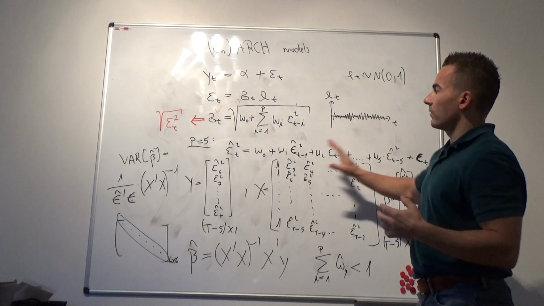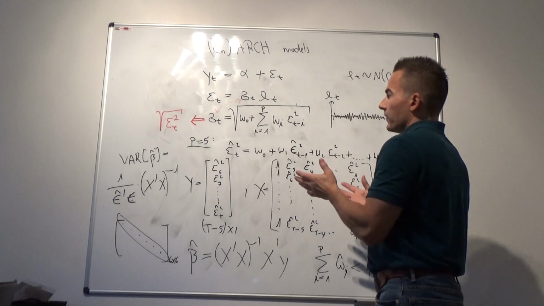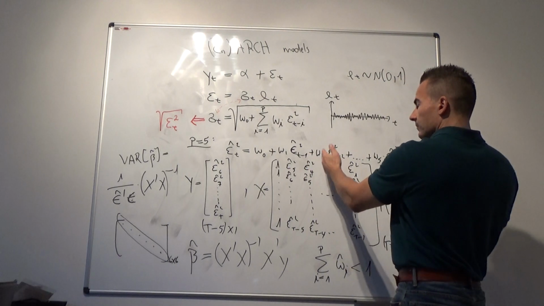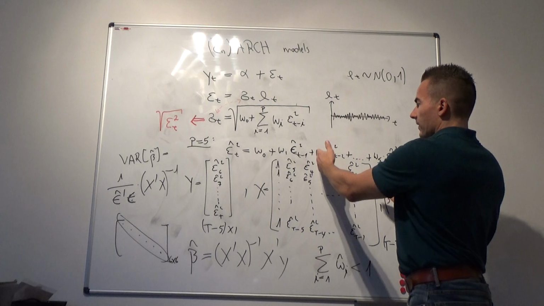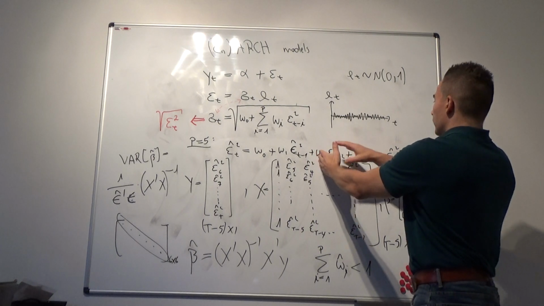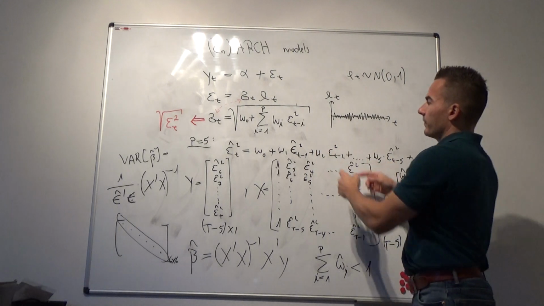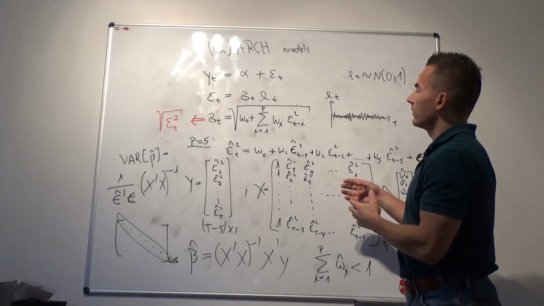So if P is, I don't know, 20 or something, we would summarize everything that happens after the first lag, the effect of all of the lags, as a sigma squared t minus 1.